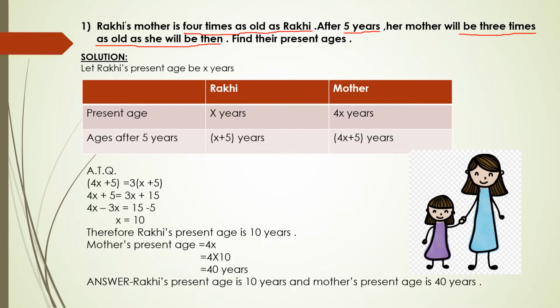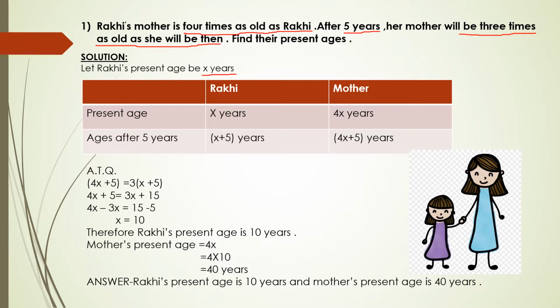The language says that the mother is 4 times as old as Rakhi is now. So your solution begins with: let Rakhi's present age be x years. To minimize the statement form, I have used this tabular form.